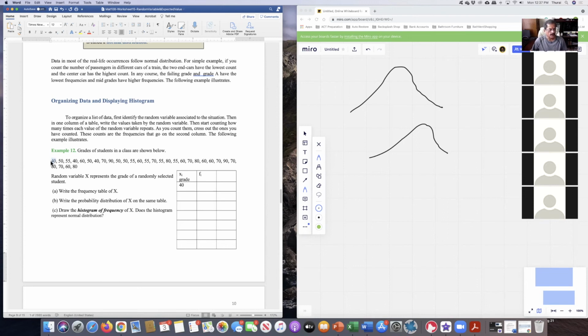So as you count a number, you immediately cross it out using a pencil. I'm going to just mark it red as I count it, but realistically, when you're doing it, you will be crossing them out. So I'm counting the 40s and I'm crossing them out as I count. Okay, so there are 3 40s. So I write the frequency 3. And then you go to the next number, 50.